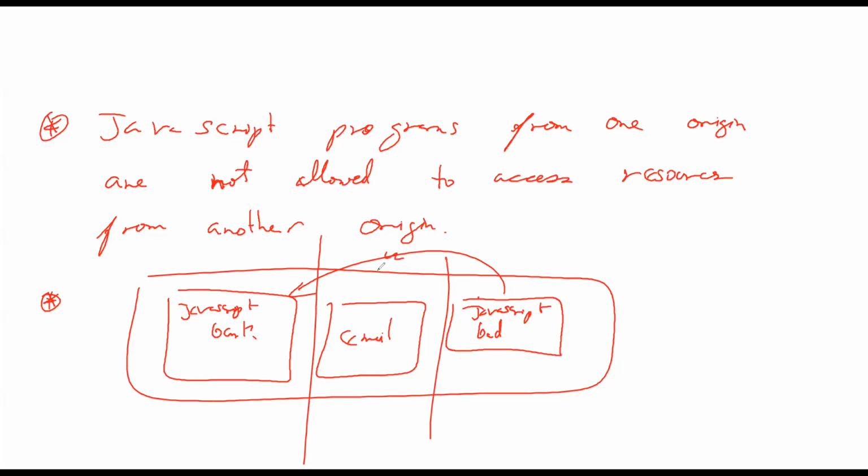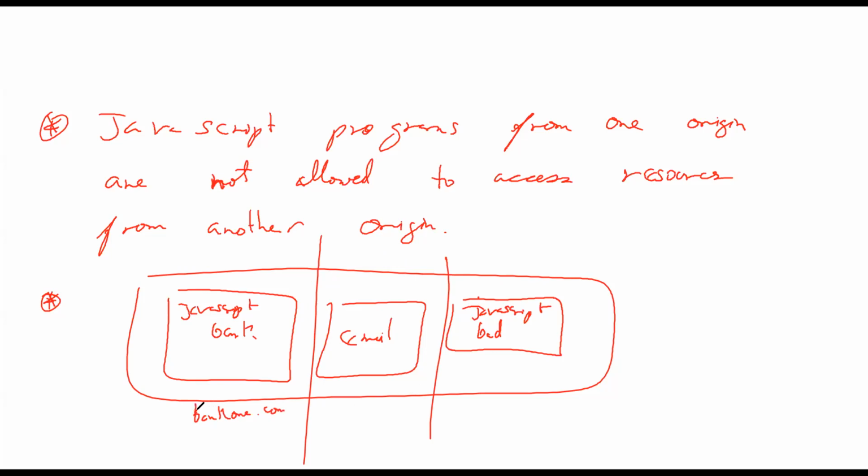so that even though the JavaScript will try to do it from the bad site, it will not be allowed to. Why? Because your bank, let's say bank one.com, has that domain.